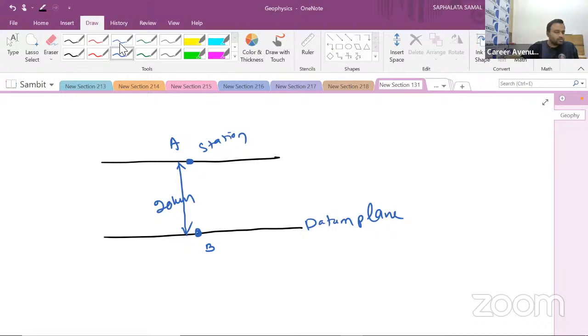Okay, so what will I do? I will now try to find out the Bouguer correction and free air correction, the combined effect. This station is above the mean sea level or datum plane. That means Bouguer correction is negative, and free air is positive.